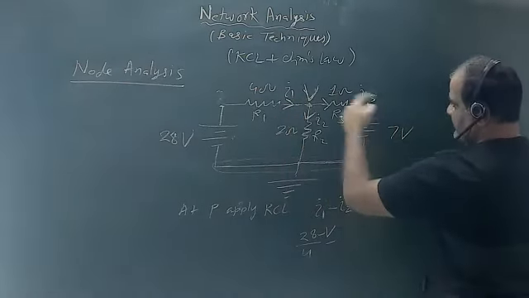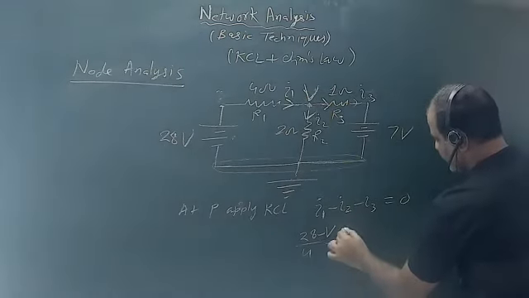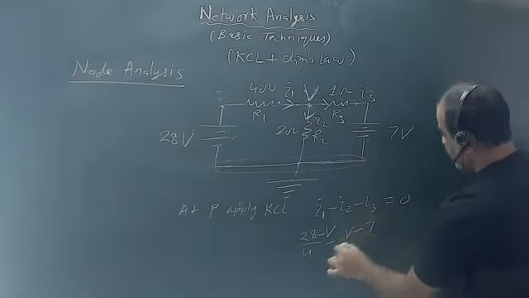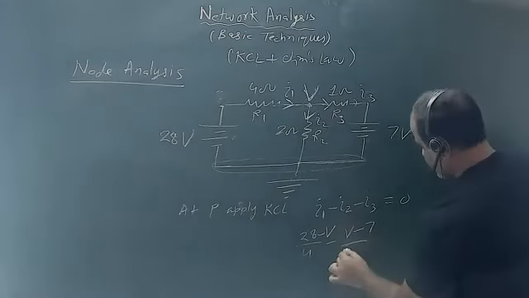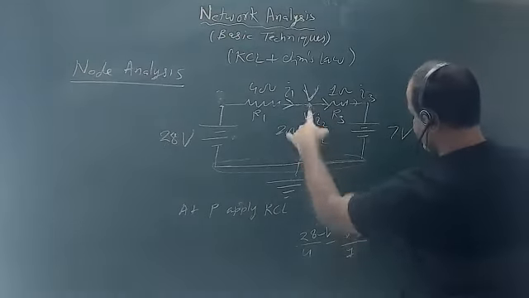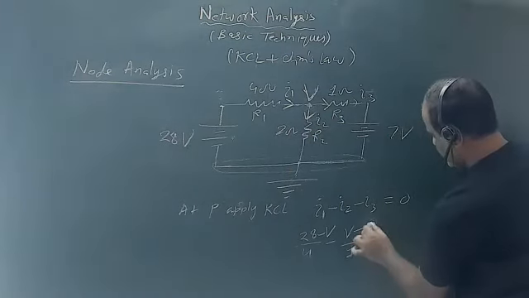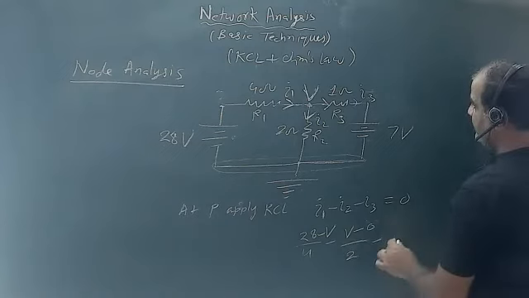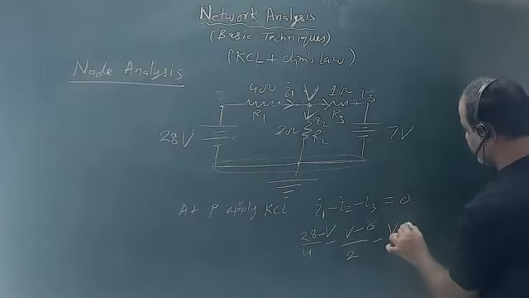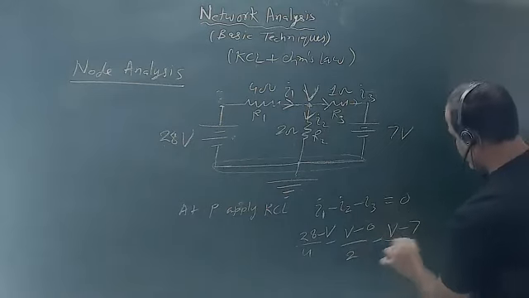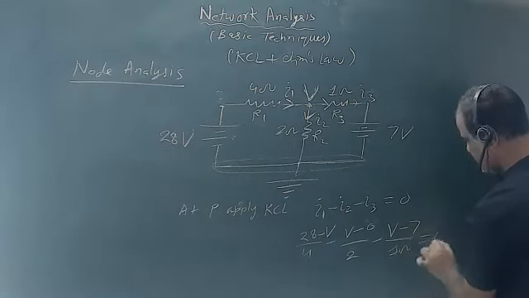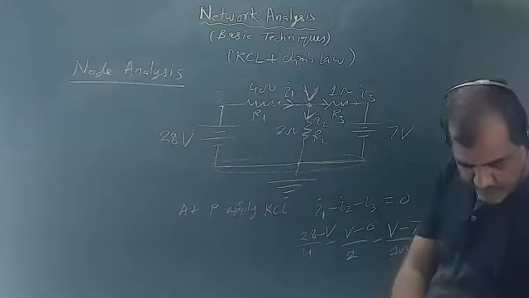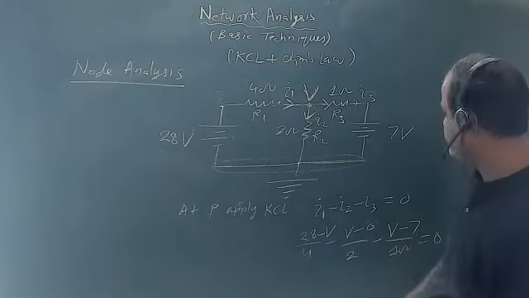So I2 is V minus 7 upon R2, 2 ohm. And I3 will be V minus 7 upon 1 ohm, equals 0. Now you can solve it and calculate the value of V.